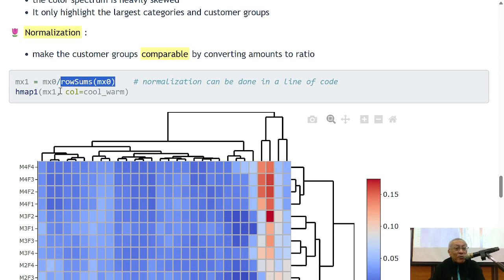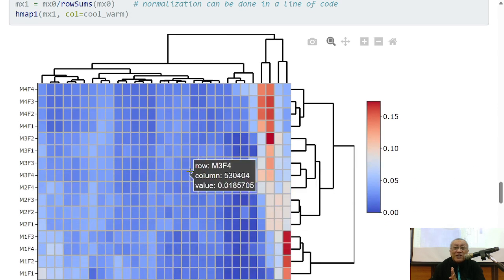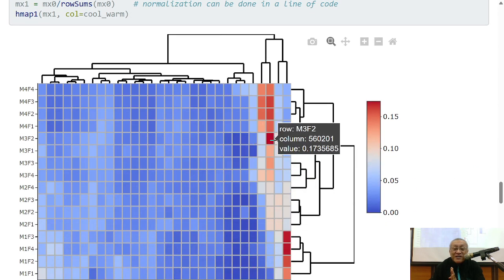But this normalization process is very easy to do, right? It converts amount to ratio, okay, so that we can say that, for example, in this cell, the M3F2 group spend 17% of their money on category 560201.